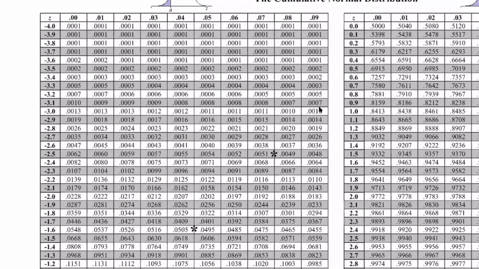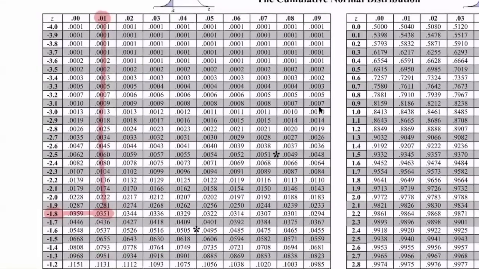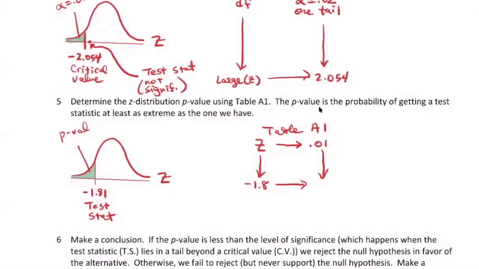I'll have to verify. Negative 1.801 is this guy right there. But I still call this significant, but it wasn't statistically significant, not at a 0.02 alpha. 0.0351. I'm hoping it was negative 1.81. Yep.